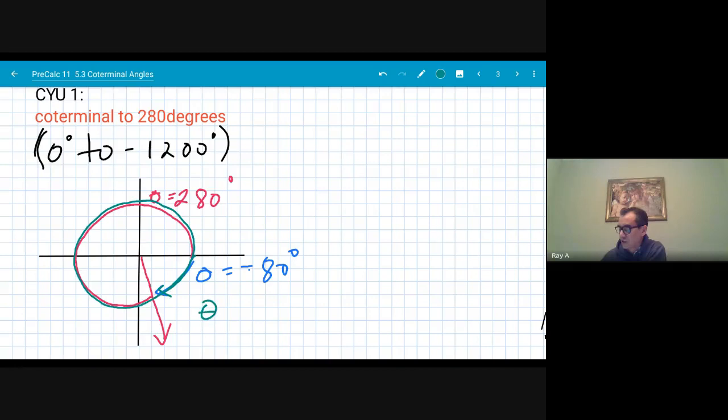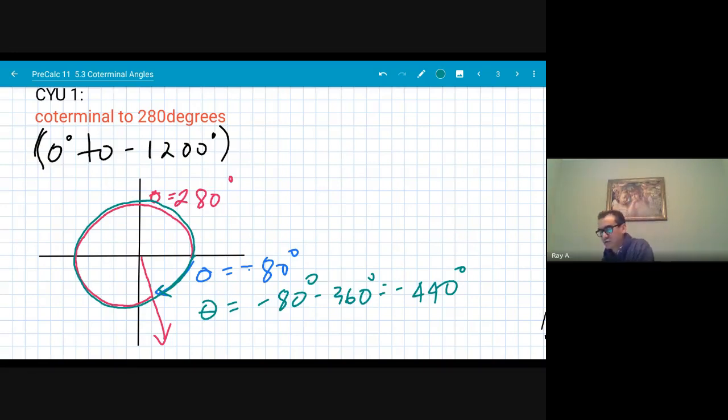What is that green angle? That would be negative 80 minus 360, and that would be negative 440. Now, if you're thinking, why did I subtract 360? Well, it's like adding a negative number. That's what I actually did, plus negative 360, because I went clockwise.